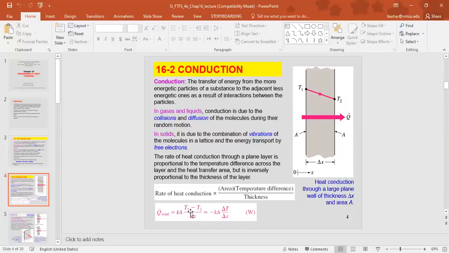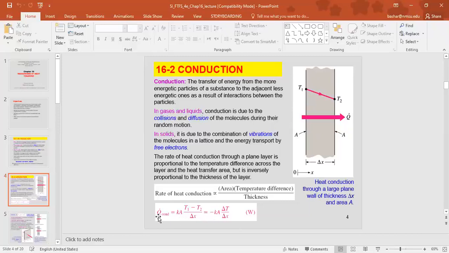So it's kA times (T1 minus T2). As we know, heat transfers from the higher temperature region to the lower temperature region, so the temperature decreases in the positive sense of the spatial dimension. That's why the negative sign is introduced here.